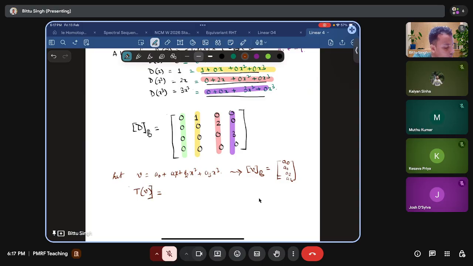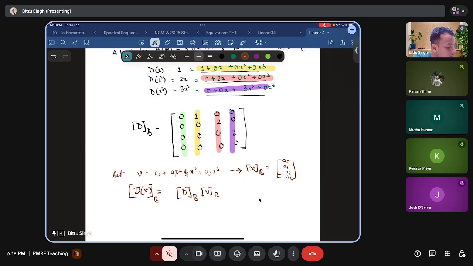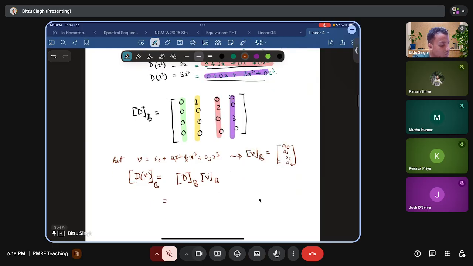So the coordinate of Tv with respect to B, here it is Dv, is given by the matrix representation of D with respect to the basis B times v. So it is just multiplying this matrix with this a0, a1, a2, a3.